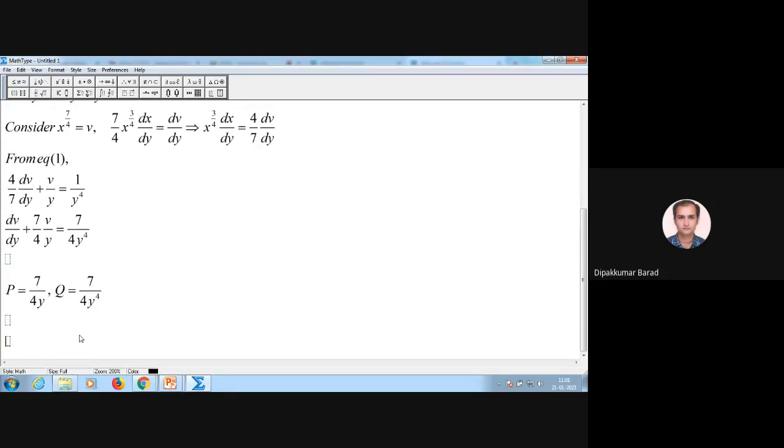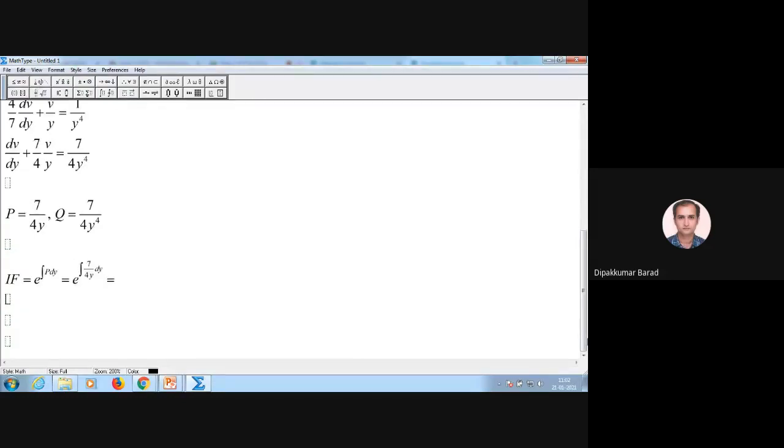Once we get P and Q, now I have to find the integrating factor, which is equal to e raised to the integration of P dy. That is e raised to the integration of 7 by 4y dy, which is equal to e raised to 7 by 4 log y, so y raised to 7 by 4.